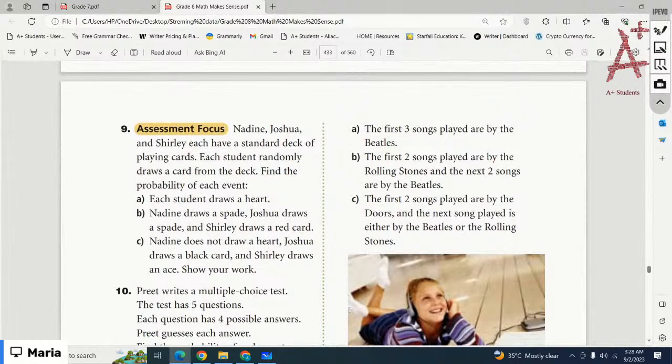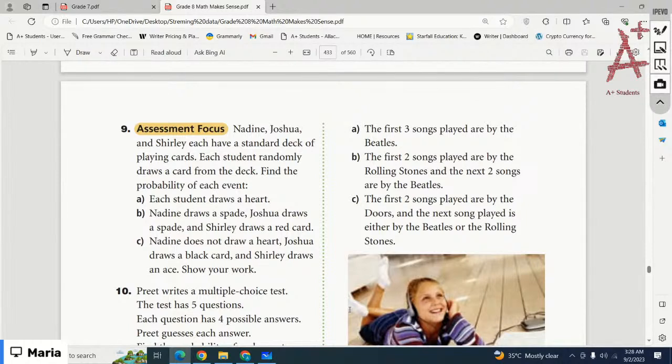Each student draws a heart. Each student randomly draws a card from the deck, right? That means they have their own cards, so the outcomes don't depend on each other. They are independent events, right?